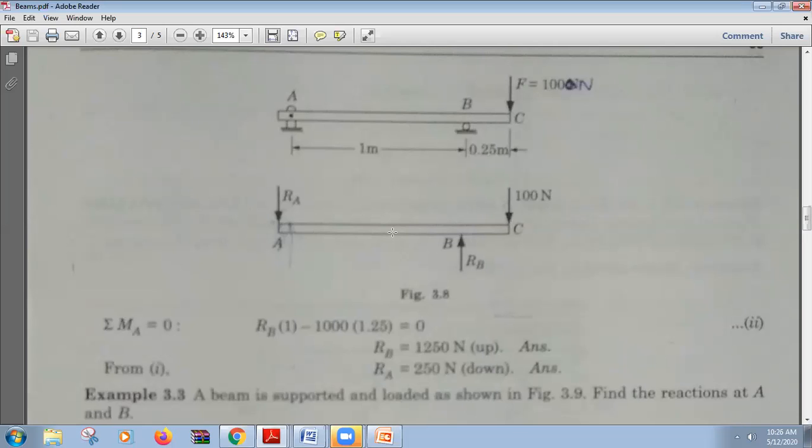Similarly, all the horizontal forces, if added up, must be equal to 0. And if moment is taken about any point, the equation of moment must be 0. So that all the upward forces nullify downward forces, and horizontal leftward forces nullify rightward forces. And similarly, moment about any point is 0 if the beam is in equilibrium condition.